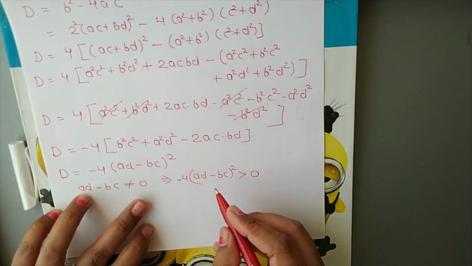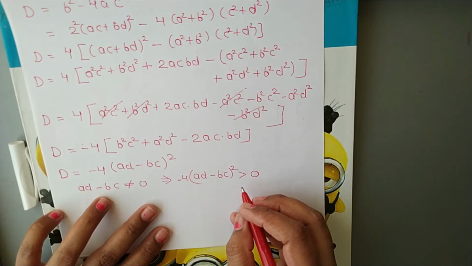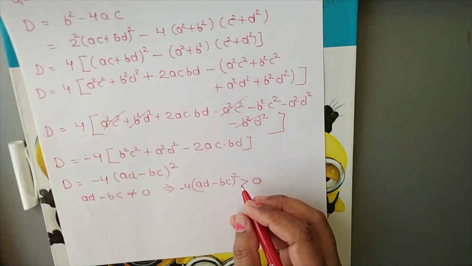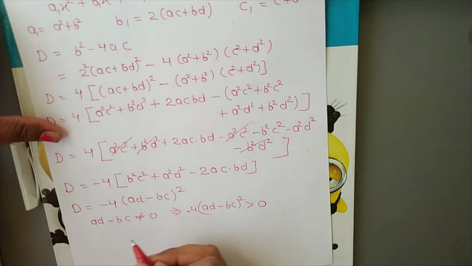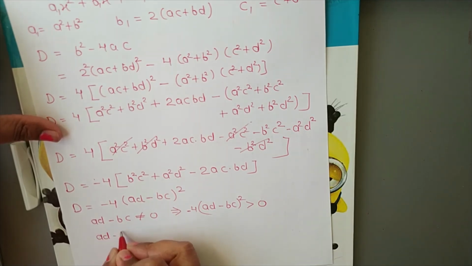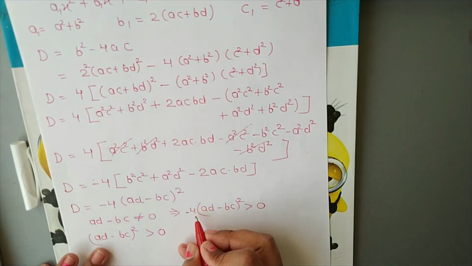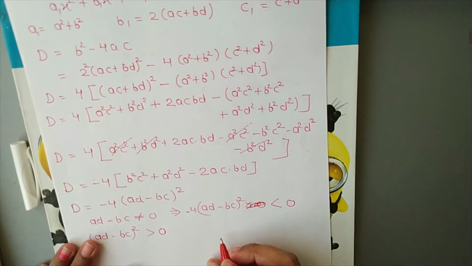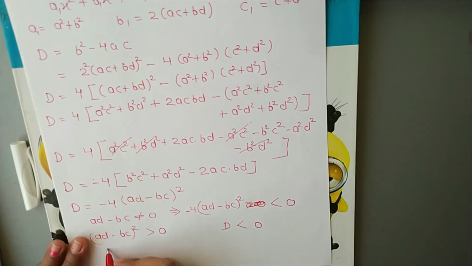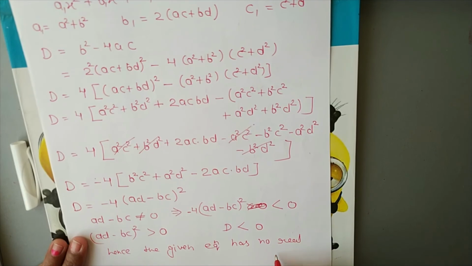So if I introduce minus 4, it will be less than 0. So D is less than 0, hence the given equation has no real roots.